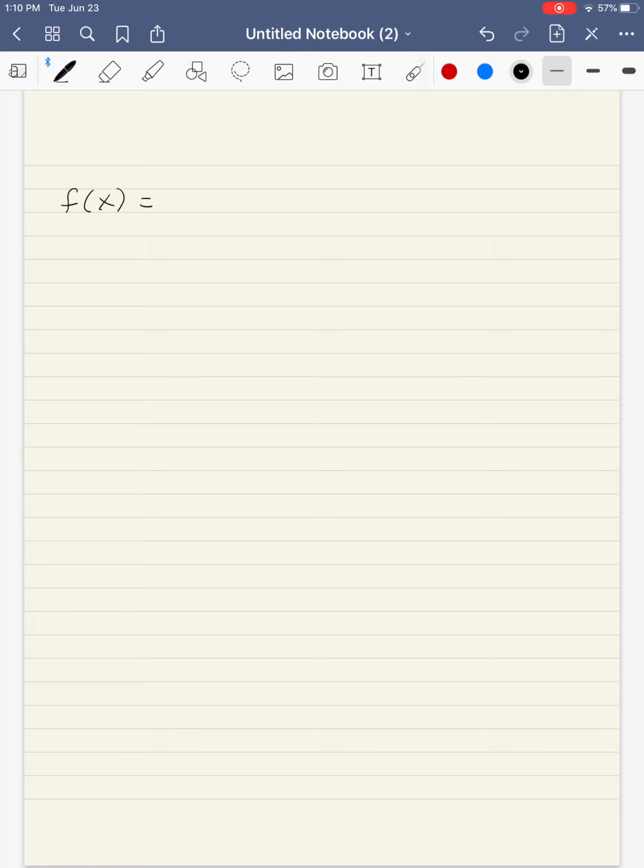So let's go ahead and practice another problem, and we're going to do the same thing. We're going to take what f of x is, what our given polynomial is, x cubed minus 16x squared plus 83x minus 140.